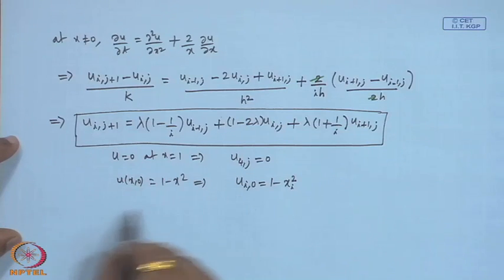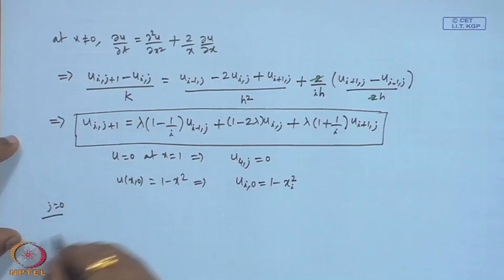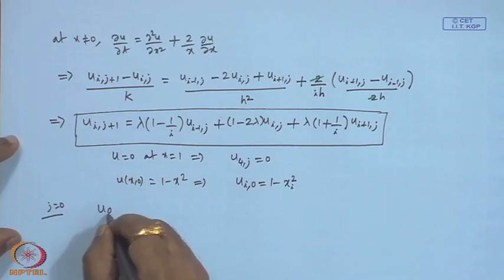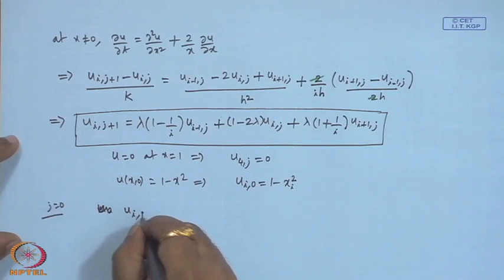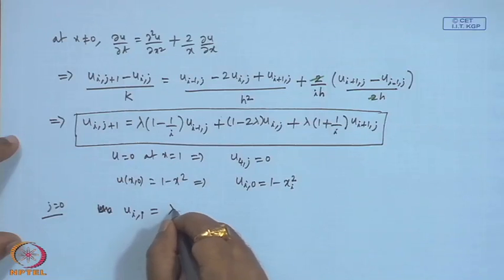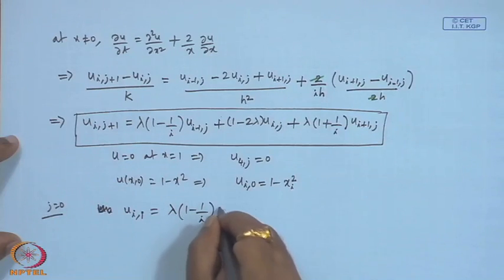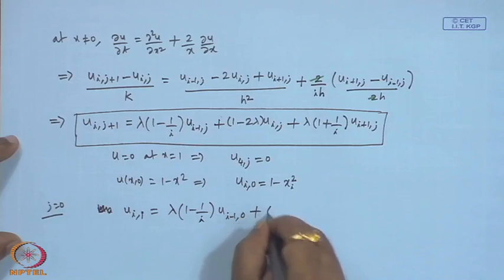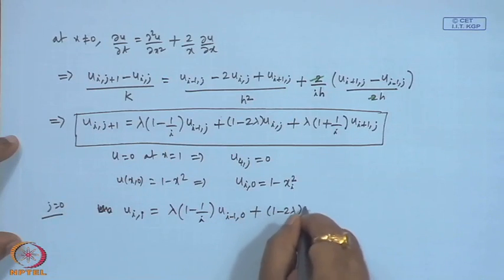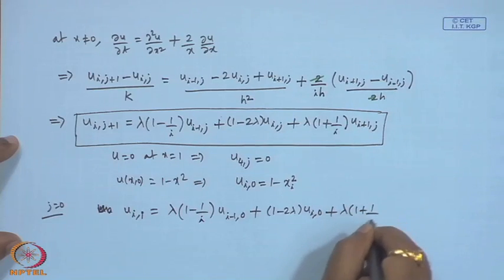So, now we can run the equation j equals to 0, sorry. So, u I 1, in fact lambda is 1, we can drop. So, this is explicit.